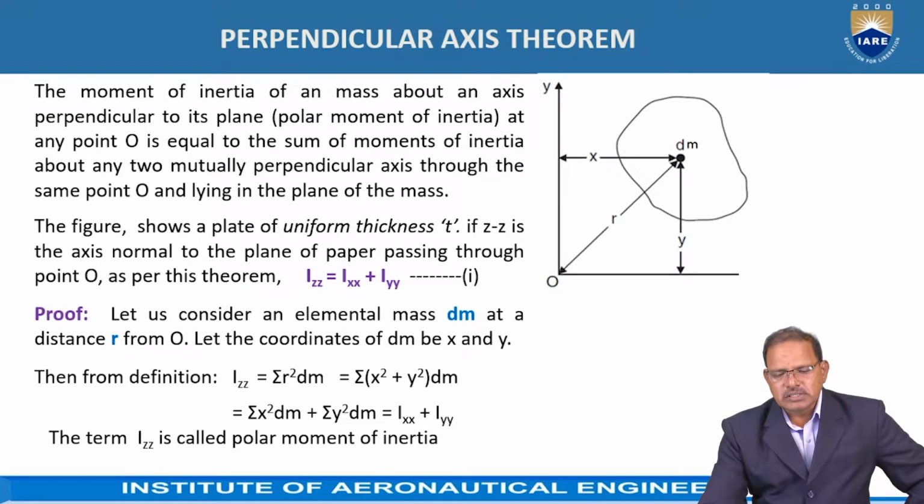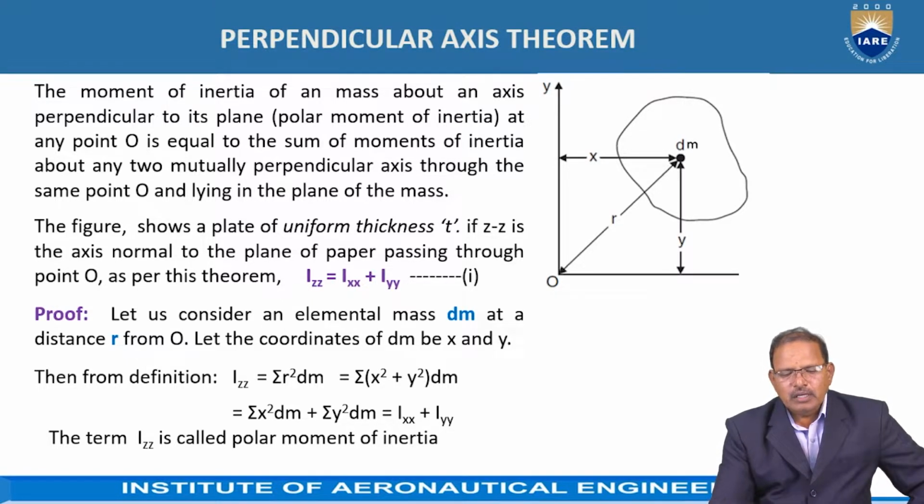The perpendicular axis theorem. The moment of inertia of a mass about an axis perpendicular to the plane is also called the polar moment of inertia. At any point O, it is equal to the sum of the moments of inertia about the two axes which are perpendicular to each other and passing through the intersection of that axis.